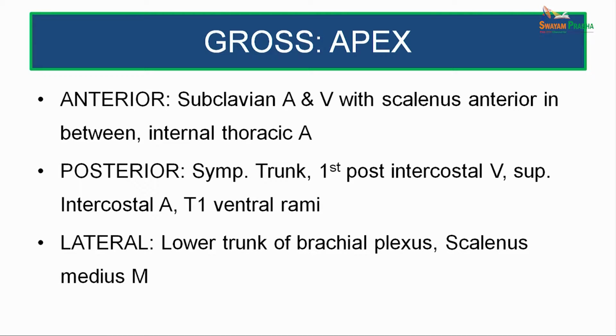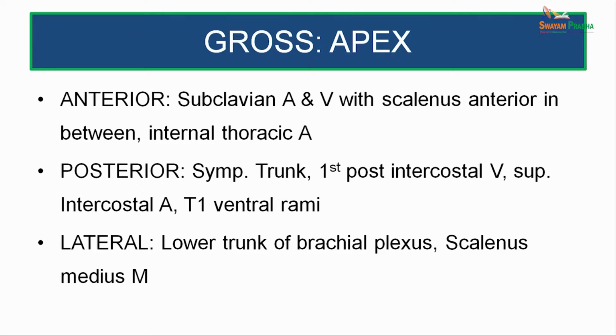Talking of the anterior relations, we have the subclavian artery, which passes upwards and outside, and just below the subclavian artery is the subclavian vein, with the scalenus anterior muscle close to its insertion between the artery and the vein. The internal thoracic artery is also seen over here, arising from the first part of the subclavian artery.